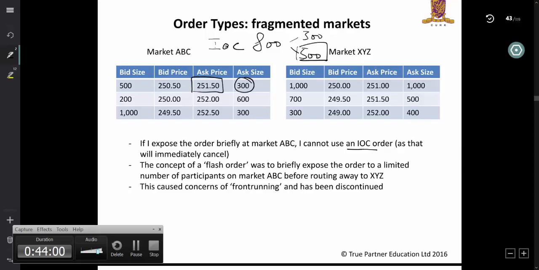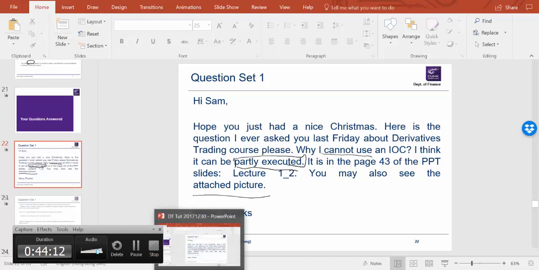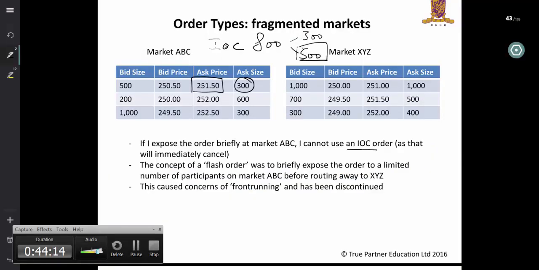So this student, when he asked why he cannot use an IOC, I think it can be partially executed. It is correct. But if you are serious about buying 800, you would not send an IOC order to market A, because you look at this and you just know it won't get done.